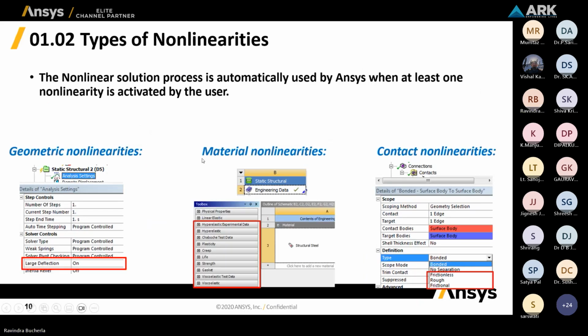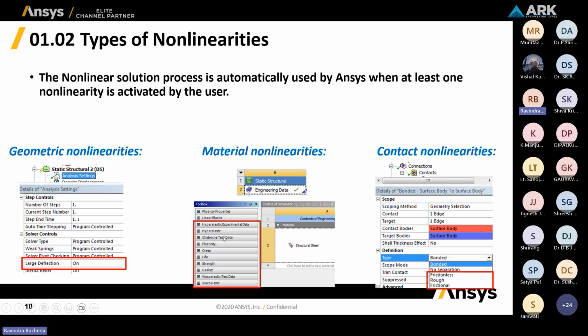In our analysis, we will be enabling large deflection while solving the problem to include the geometric nonlinearities. And similarly, if we have material properties related to plasticity or hyperelastic materials, whether it is experimental data or theoretical data, and some test data related to Chaboche or creep, life, strength, or if you are using any components of gasket or viscoelastic material.